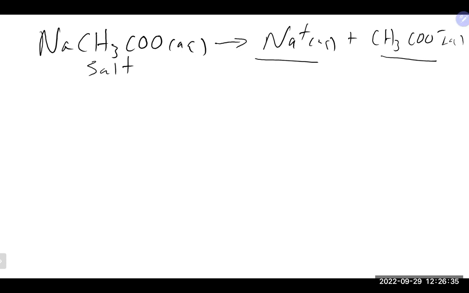What would be the acid that this most likely came from? What acid would acetate most likely come from? It would be acetic acid, yeah. So this most likely came from the reaction of acetic acid and what base?